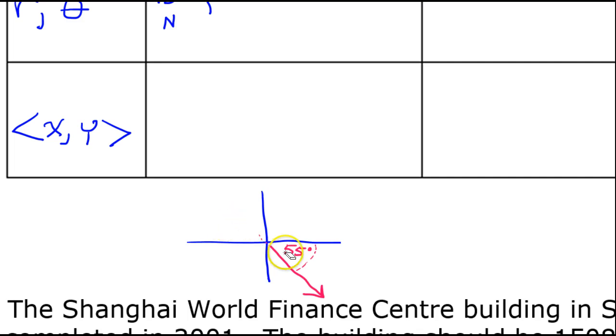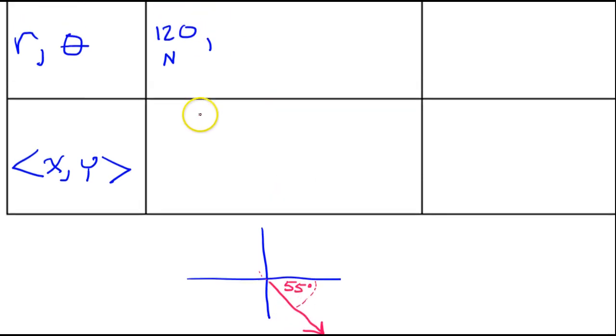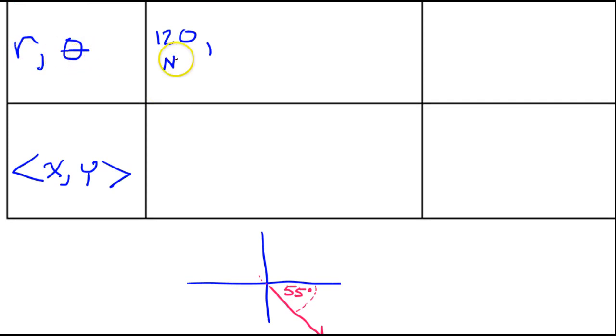So basically now I've moved the vector for Mary's force into standard position, starting from the origin. So the actual direction that we mean when we talk about magnitude and direction on this chart is the direction that you get when you measure from the positive x-axis. So we need the angle theta that's measured counterclockwise from east.